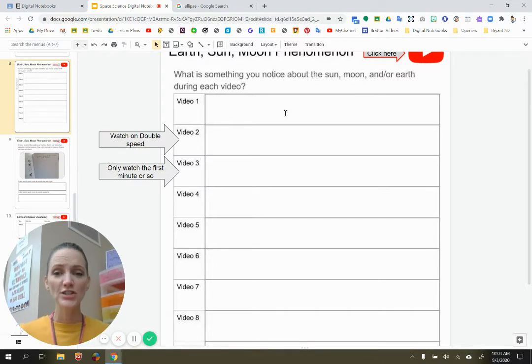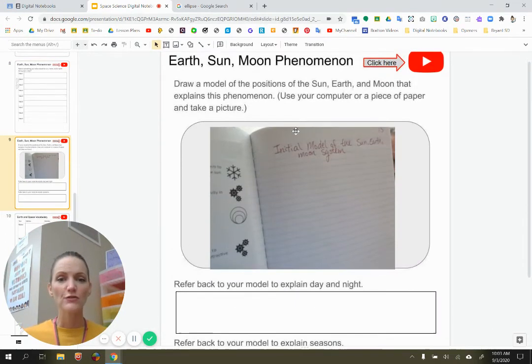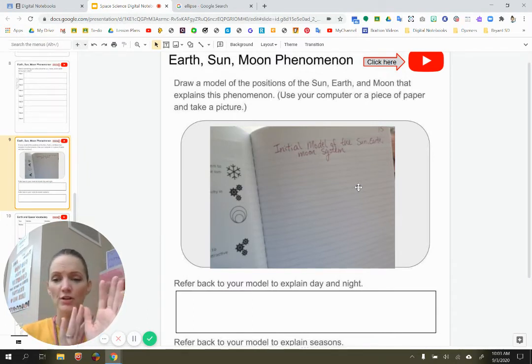Then in your digital notebook, the slide after this one, so slide 9, there is a place for you to paste a picture of the model that you drew. So just like you took that picture and shared the door model with me, you're going to take the picture and paste it here in this slide. If you took that picture with your camera on your phone or with the camera on your computer and you're comfortable inserting that image here, that's great.